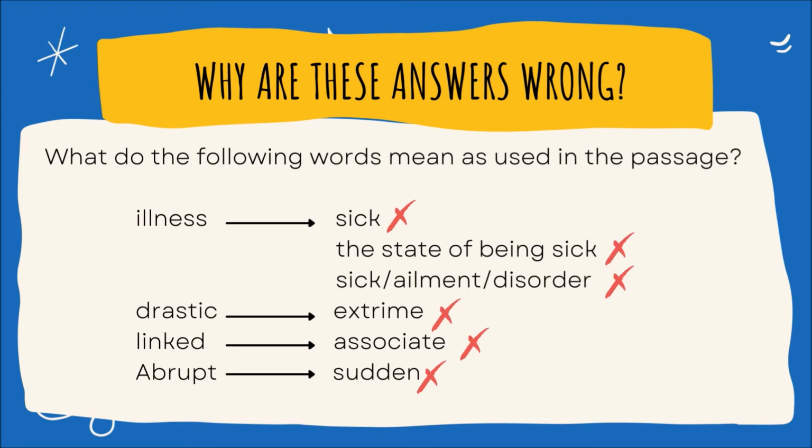If the first answer is correct, then the rest of the answer is correct. If the first answer is wrong, then even though you have the correct answer later on, it is still regarded as wrong. So in this case, sick is already wrong. That's why the whole answer is not accepted.